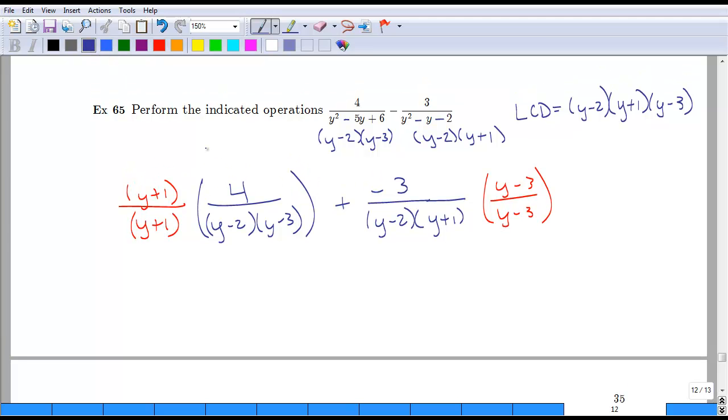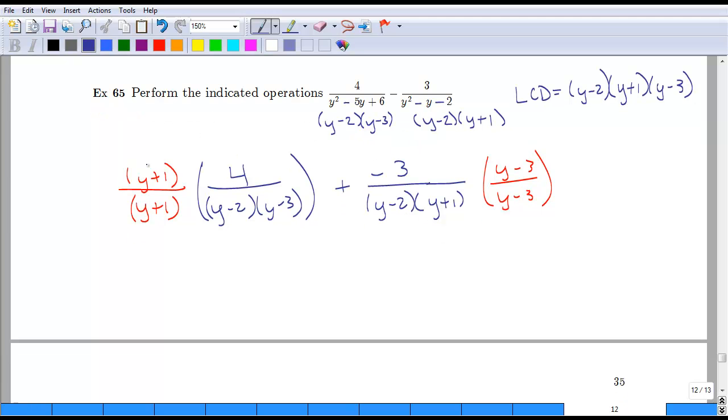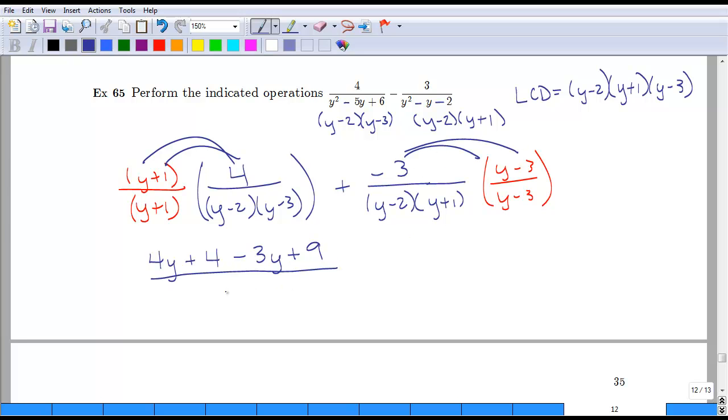So again, if we distribute now, then we've got 4 times y, so 4y, and 4 times 1 is plus 4. And then over here, when we distribute that -3, we get -3y plus 9. Again, we have to make sure that we distribute it to both of those.